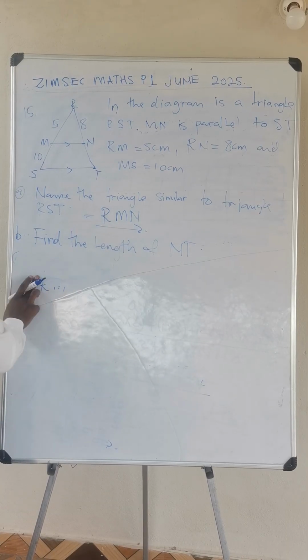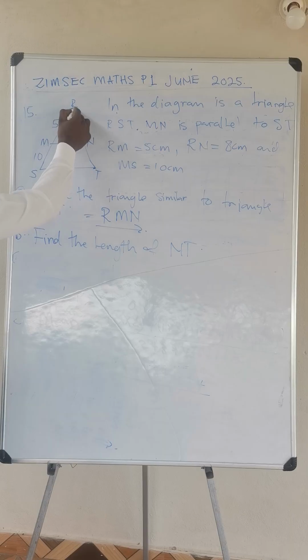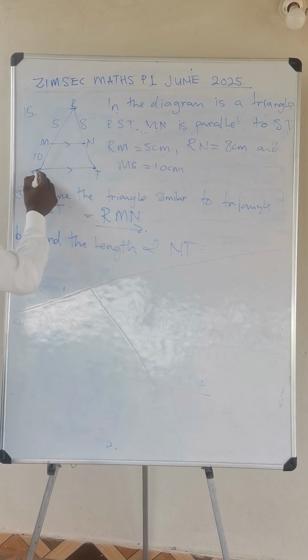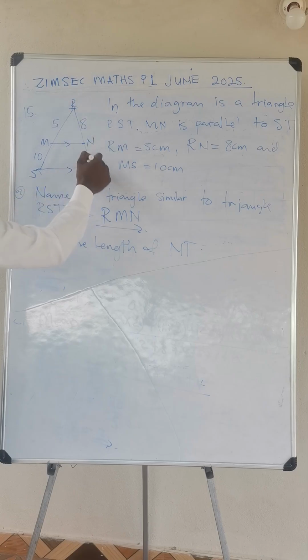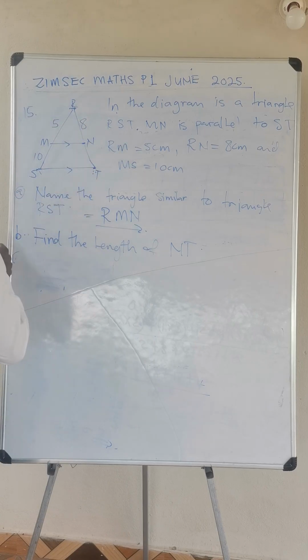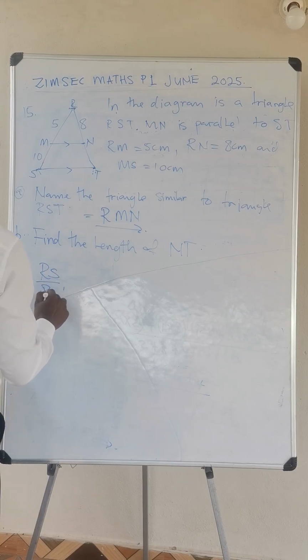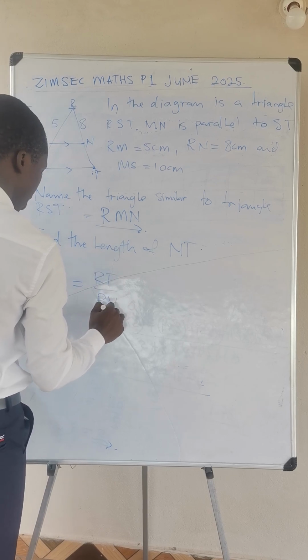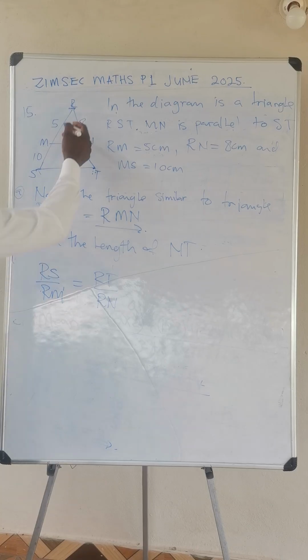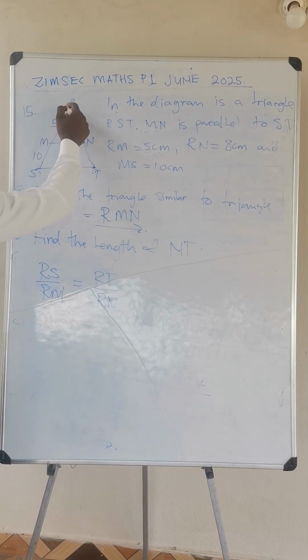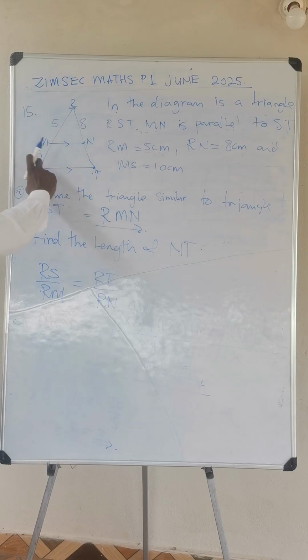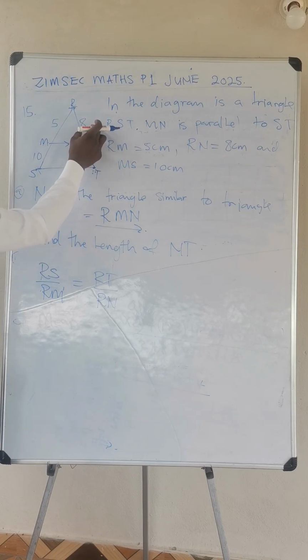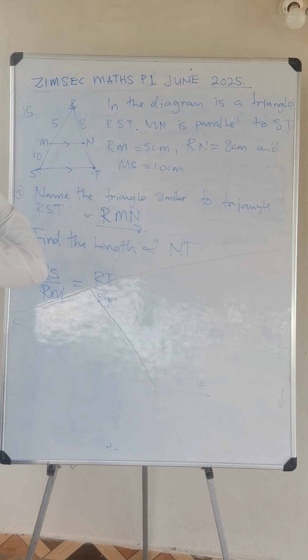If we move from this side, the ratio of this side, we have to find the ratio of this side. So here RS over RM is equal to RT over RN. So this is RN, this is RS, this is RM. We have to substitute, then after substitution we subtract this part from this length, then we get the exact part we are considering.